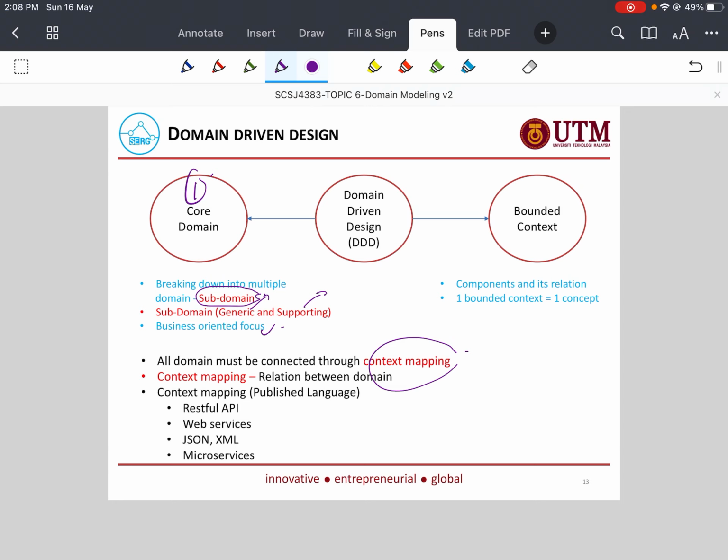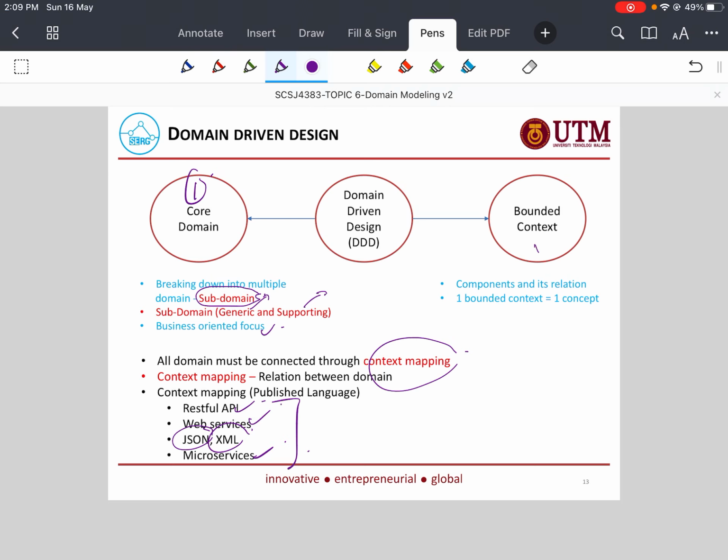Context mapping can be a RESTful API, web services, the popular ones JSON and XML, or microservices. Actually, this is the technical aspect of how to connect the domains.